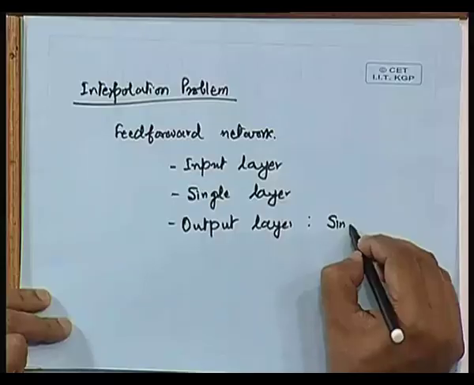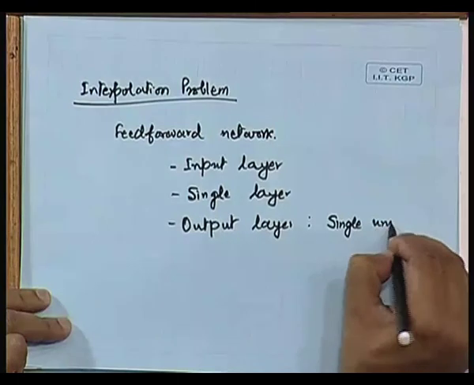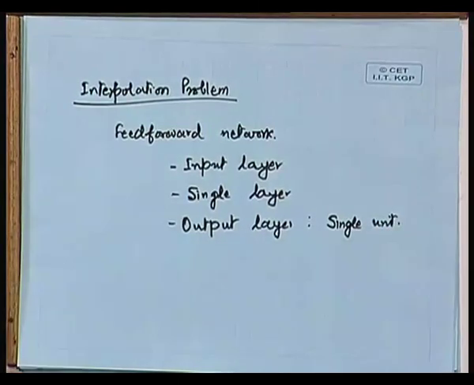So, as the output layer we have only a single unit. Okay. That is just for simplicity.